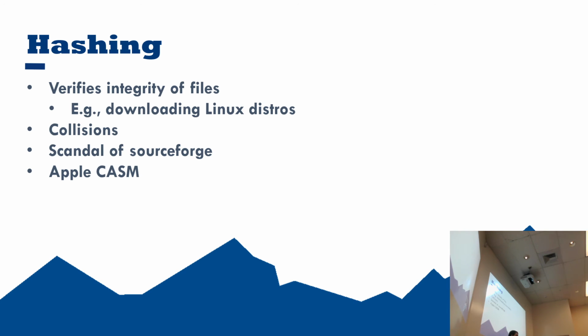Now, another controversy is that it's happening on device. So even though it's technically just hashing, there's a lot of privacy concerns with that. Okay, so right now they're just using it for CSAM.